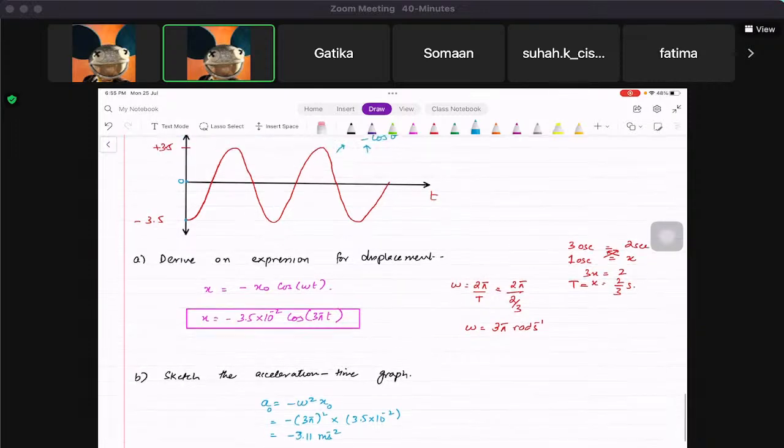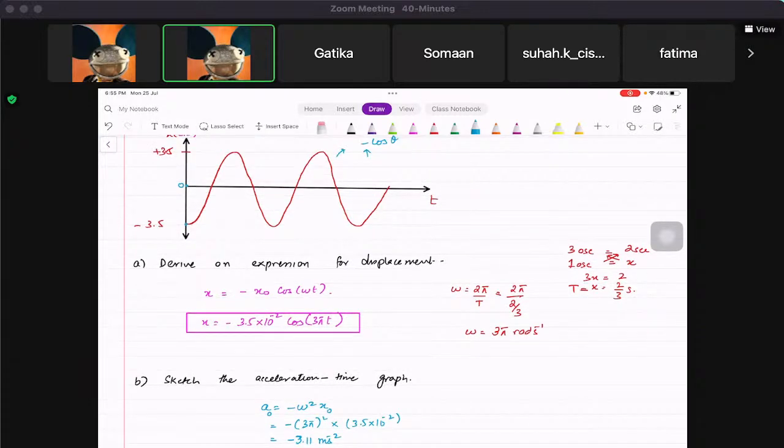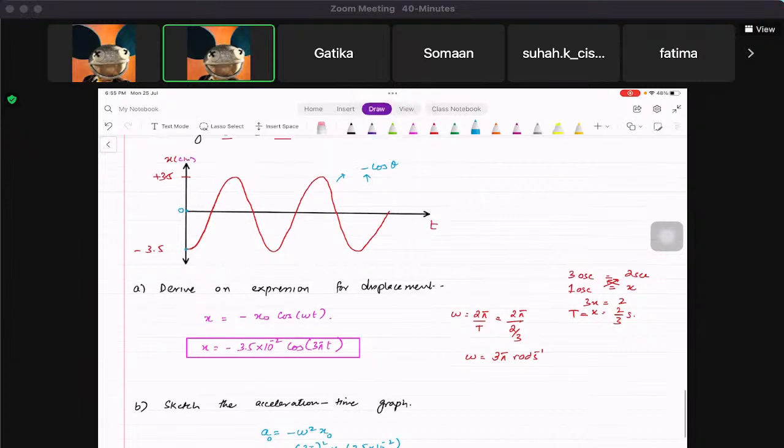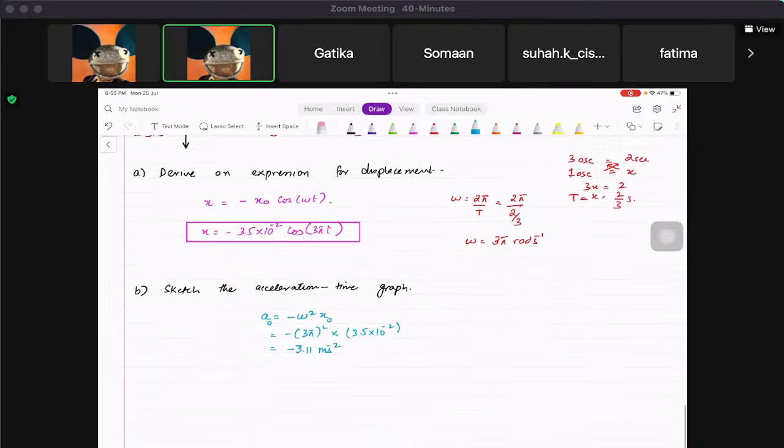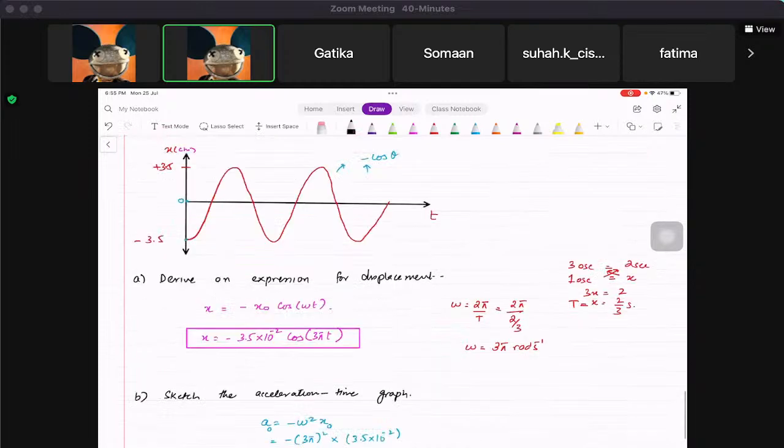And now I want to know what kind of equation. If this is the graph, can somebody tell me what will be the function of acceleration? Just the function, like cos theta minus cos, whatever. Who's going to tell me? So for acceleration, it will be the similar graph but a flipped one, which means when displacement is negative, the acceleration is positive. You guys remember that, right? So what I'm going to do is, let me copy this, because then it saves a lot of time.